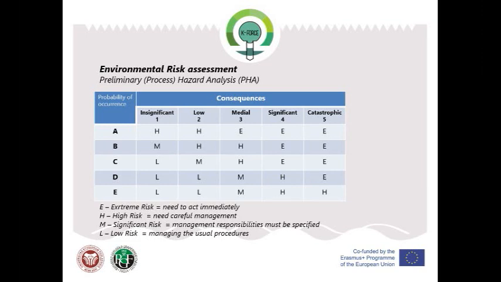In the risk matrix, consequences are divided into 5 categories: insignificant, low, medial, significant, and catastrophic, while probability of occurrence is marked by the letters A, B, C, D, and E. By multiplying different probabilities of occurrence with consequences, we can get 4 types of results: E for extreme risk, H for high risk, M for significant risk, and L for low risk.